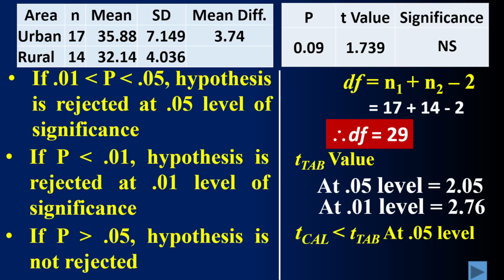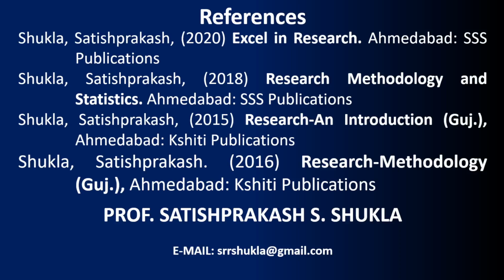How to find these values by using Excel we have seen in many videos earlier, so it is not discussed here. So friends, in this way we have seen how the pooled t-test can be applied to test the hypothesis with the help of Excel.